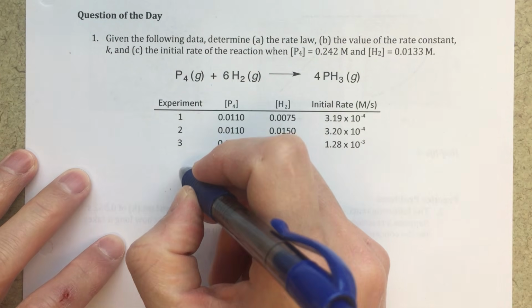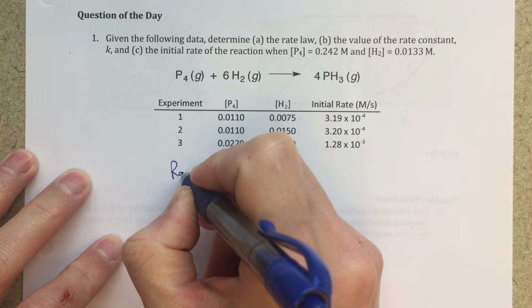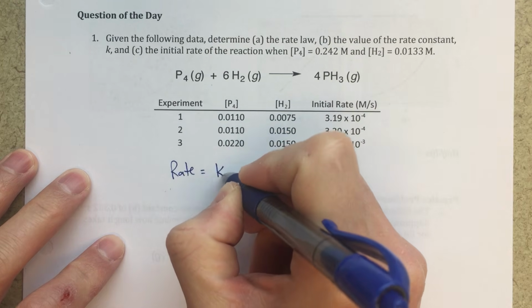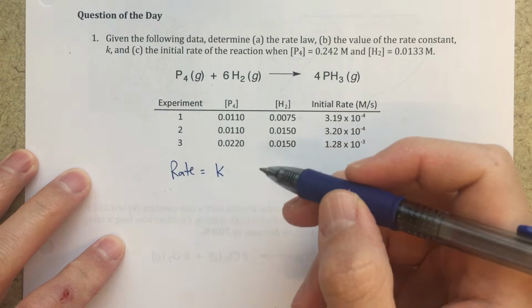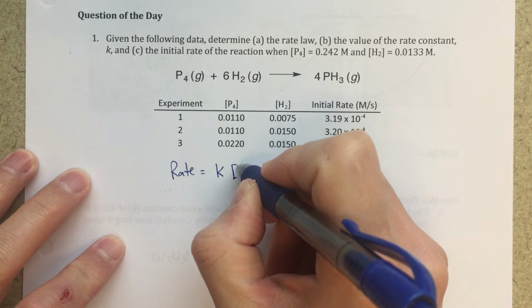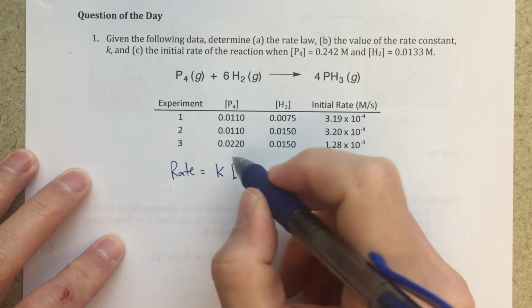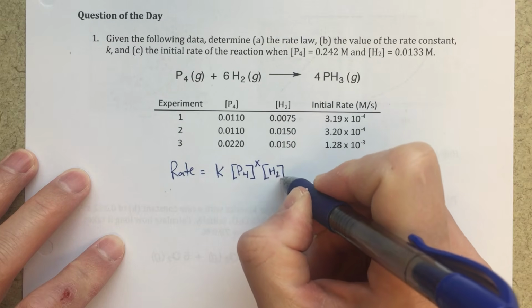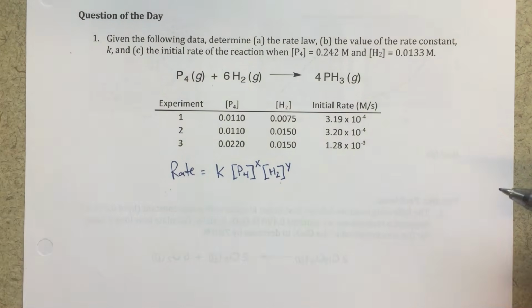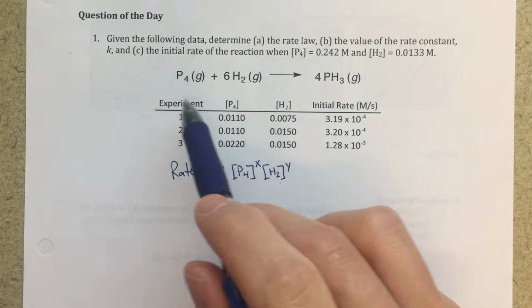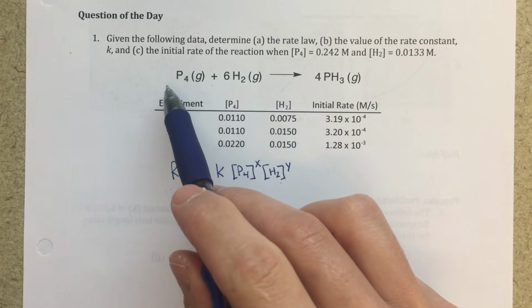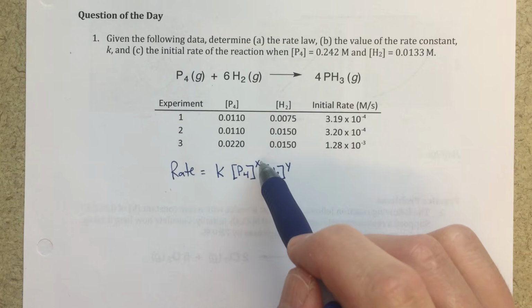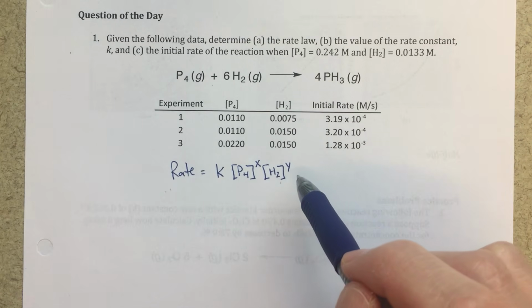The general form of the rate law is the rate equals some constant K, which is the rate constant for this chemical reaction, times the concentration of our reactant, P4, raised to some power X, and then H2 raised to some power Y. Now, if we're not told any other information about this reaction, these coefficients are not going to be related to our orders.